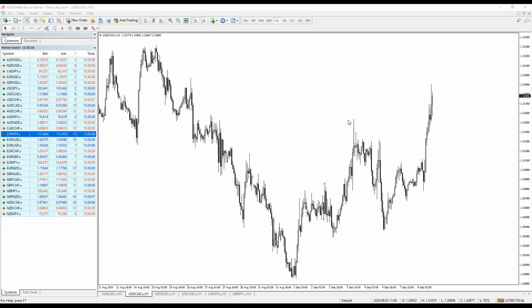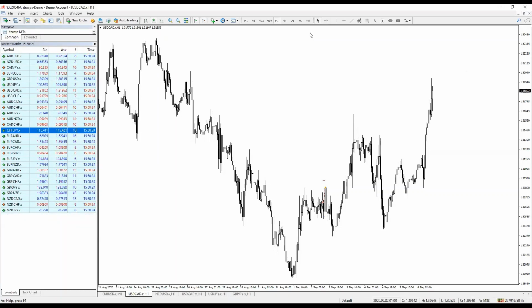So this is the loonie, US dollar, Canadian dollar, and it's a 1 hour chart. Let's start practicing whatever we were discussing. Very easy to see that price is dropping down very slowly.